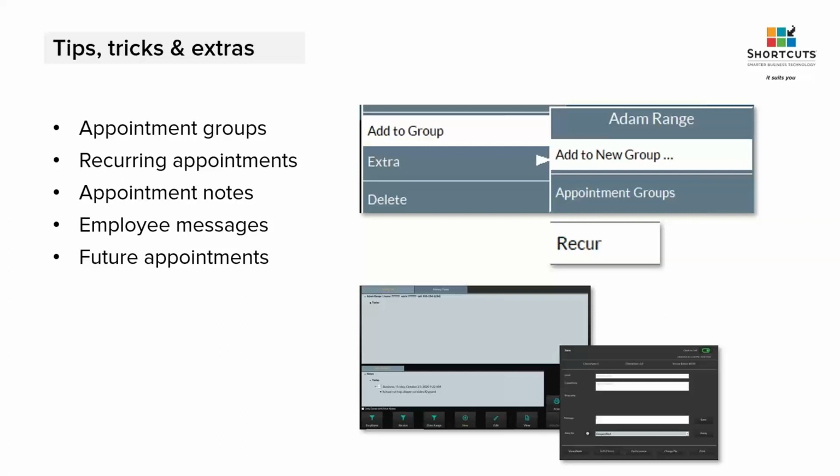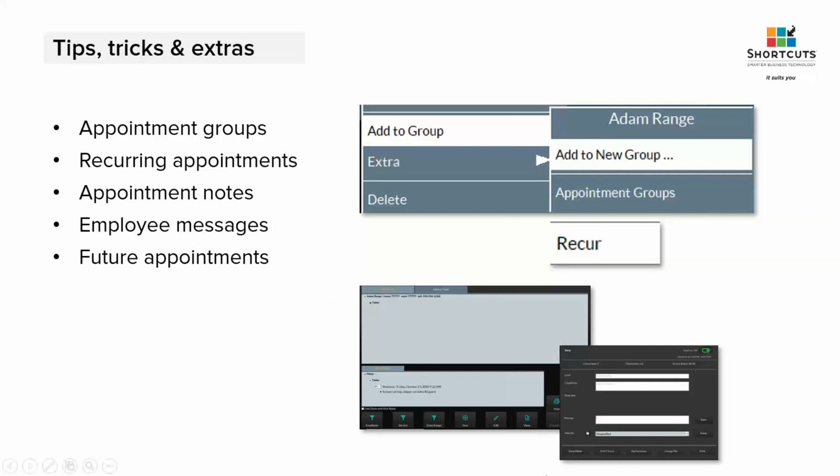If a customer is a regular, they visit once a week or once every other week, you can set a recur schedule with them. And the same applies to tasks. So you can recur appointments, and you can also recur daily things such as a lunch break or a smoking break. The staff does have the ability to leave messages for themselves or messages for each other. And the staff can even look at future appointments that they have.